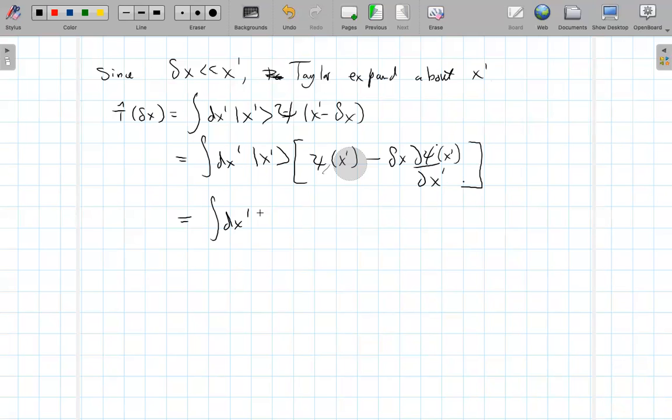This is now going to be the inner product between x prime and psi, and then this is going to be a minus delta x, and then I get a partial with respect to x prime, then x prime psi.